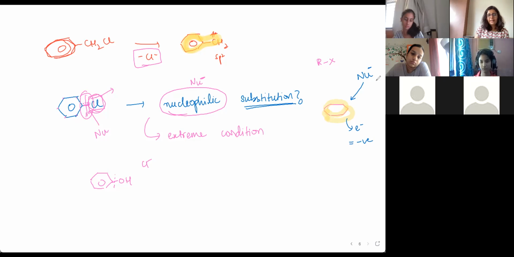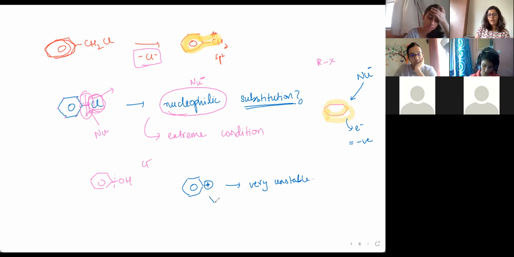Okay, let's say the nucleophile doesn't approach the benzene ring directly. If it has to follow the Sn1 mechanism, this particular ion, a phenyl carbocation, is very, very unstable.